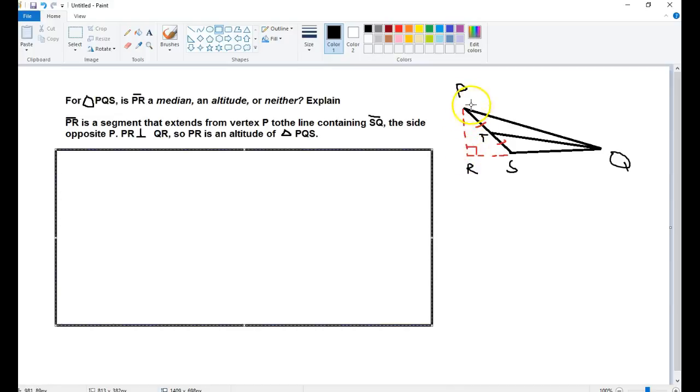This is where my altitude is. PR is perpendicular to QR, so PR is an altitude of QS.